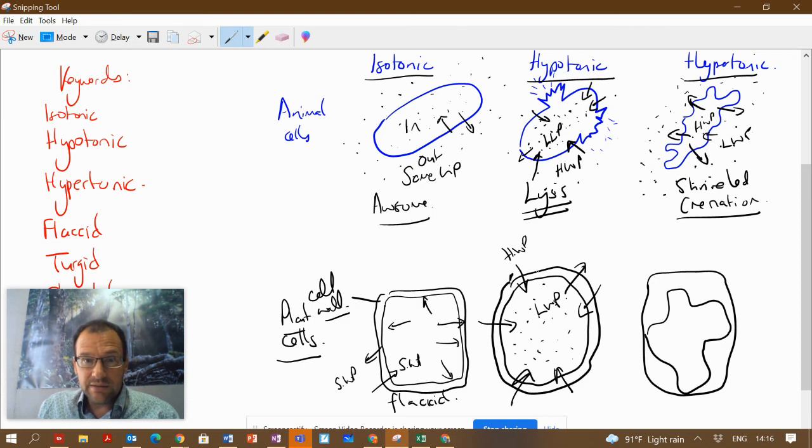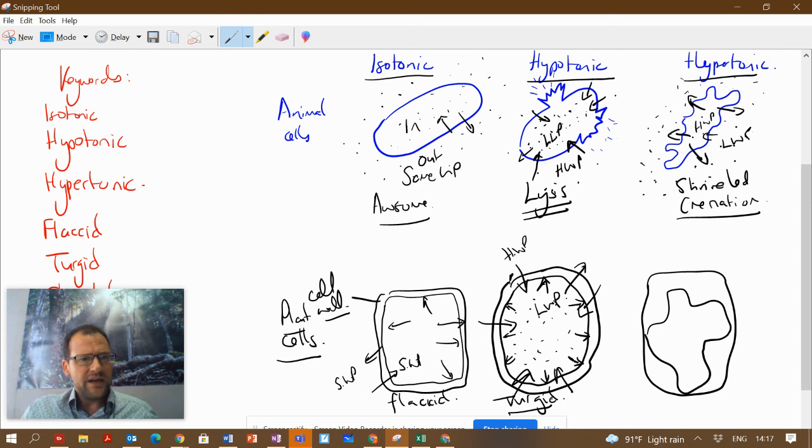So this cage-like cell wall around the membrane is now pushed against with a high amount of osmotic pressure. If it was an animal cell with no cell wall, it would explode, but it doesn't. What happens now is we have that pressure on the inside forcing against the cell wall, which gives it turgidity.